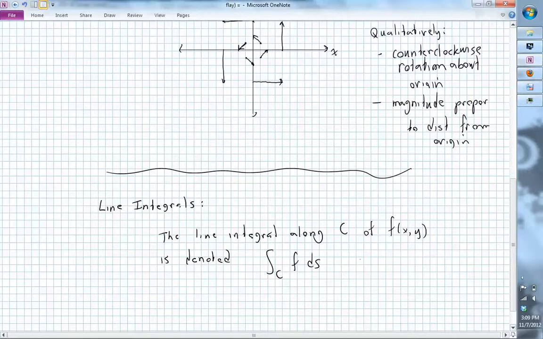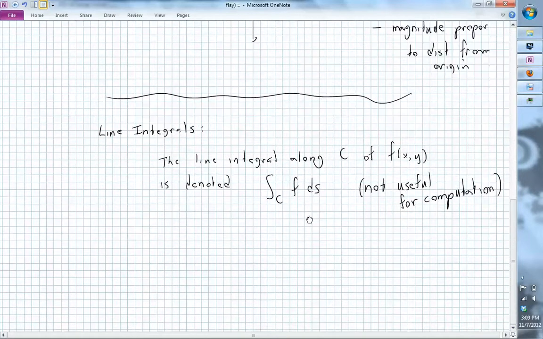This is really for symbolic use only. This is not useful for computation. Okay, well, if it's not useful for computation, how the heck are we going to compute one of these things? Well, that's what I'd like to finish with.